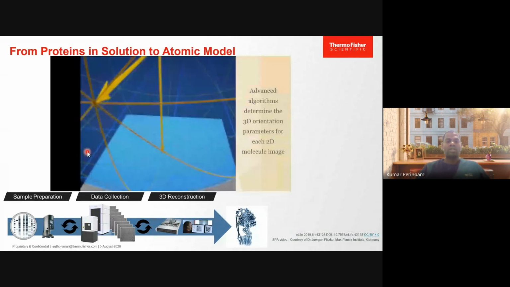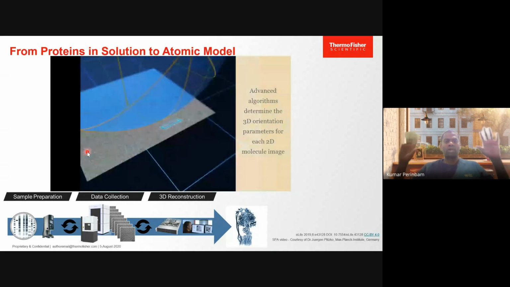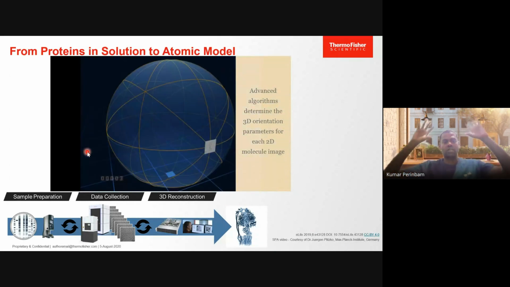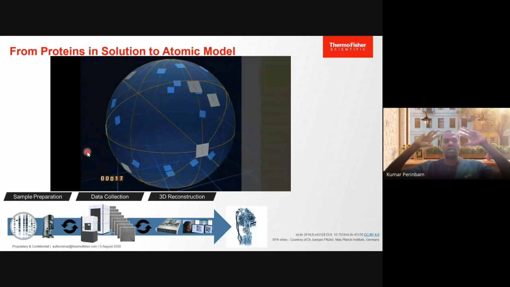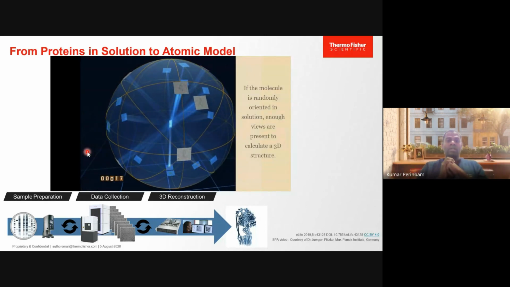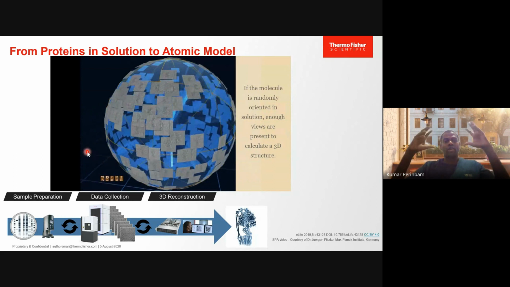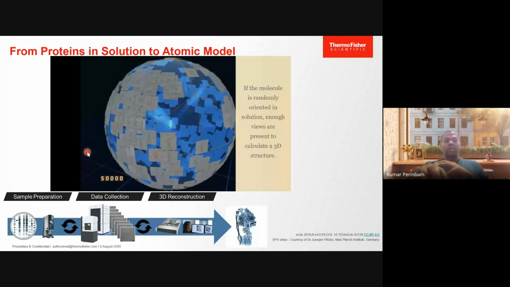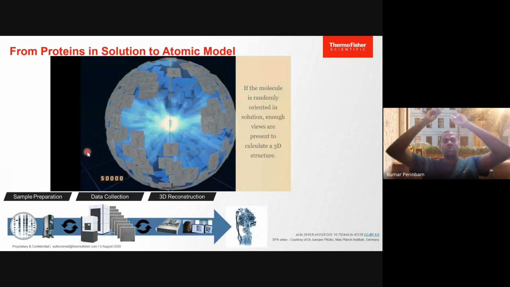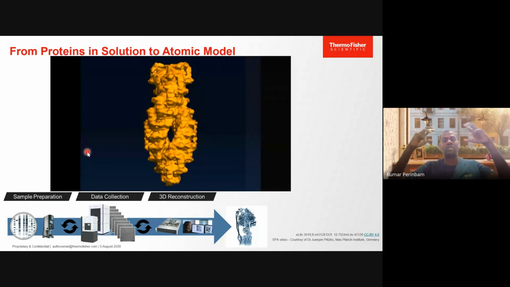As you can see in an Iron Man movie, if you have seen the second part, he tries to invent some kind of new element. In that, a 3D hologram of sorts is created, right? Similarly, we create a 3D hologram by taking several snapshots of the same sample, with multiple particles of the same sample. So you can do a 3D reconstruction, and then you get the structure of a protein.